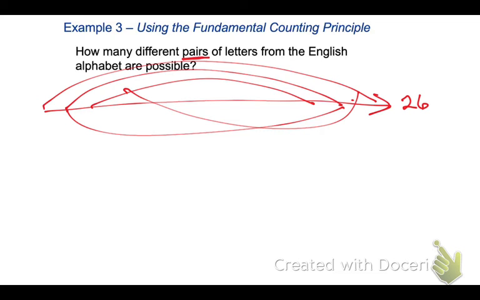No. So the first, when I'm picking a letter, I have how many to pick from right away? 26. And then I have how many? 25. Why do you have 25? Because they're different pairs. So different means no replacement, doesn't it? Yep. Okay. So we have 26 times 25.